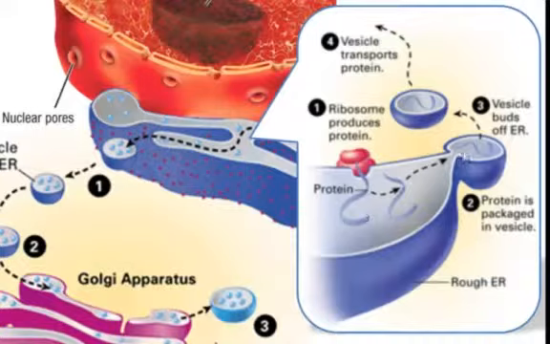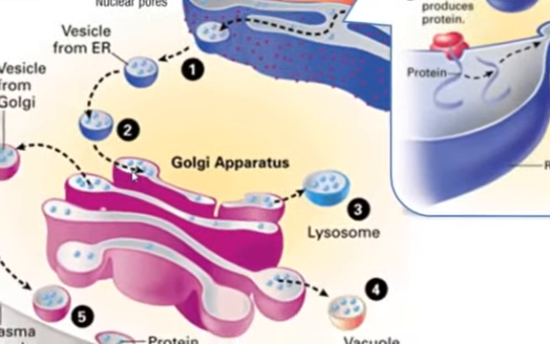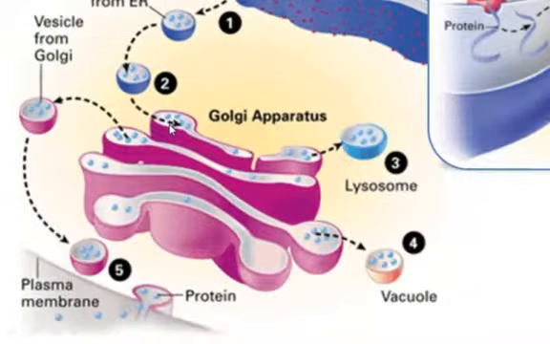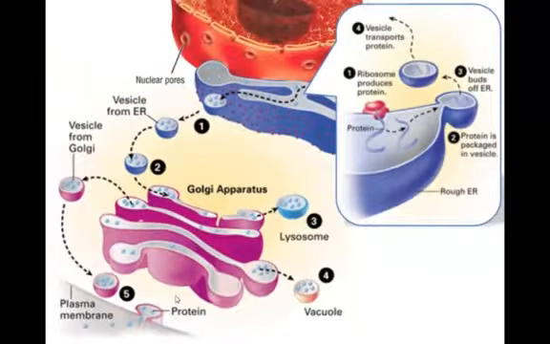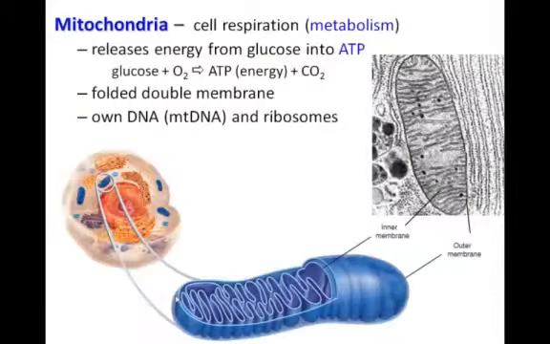The rough ER sends that off into a new vesicle, which transports that to the Golgi. The Golgi then modifies, sorts, and packages those proteins, and builds another vesicle. Depending on where it's going, it'll be either a lysosome, maybe a vacuole, maybe a peroxisome, or maybe it's going to be exported outside of the cell. So this is the workflow of the cell production factory.